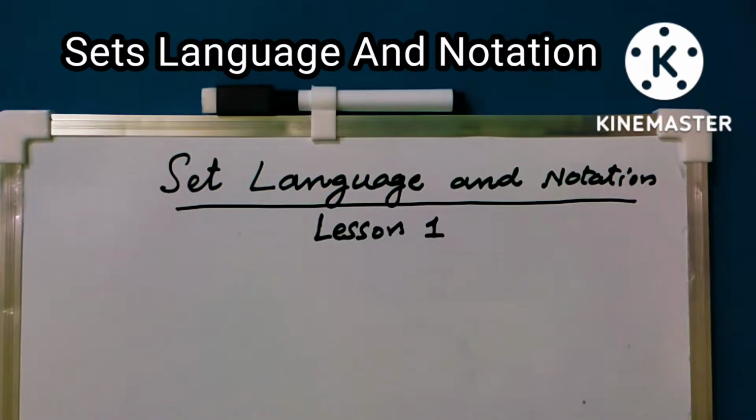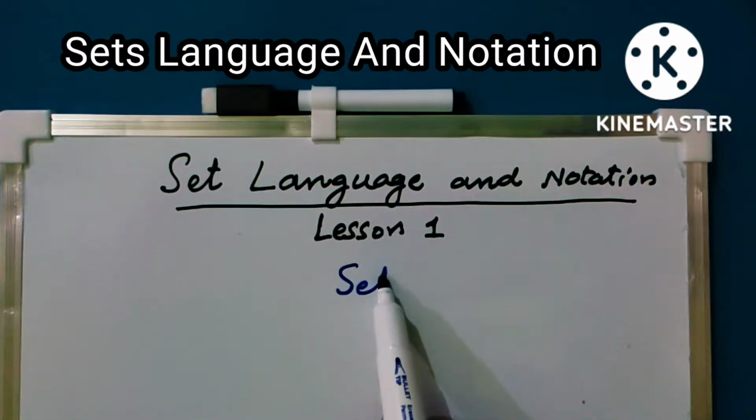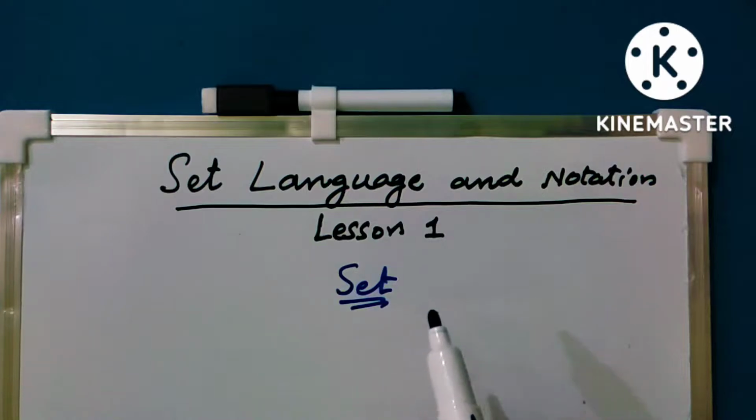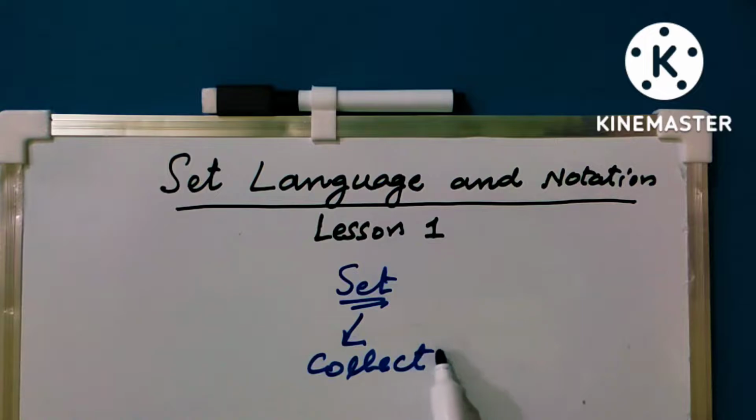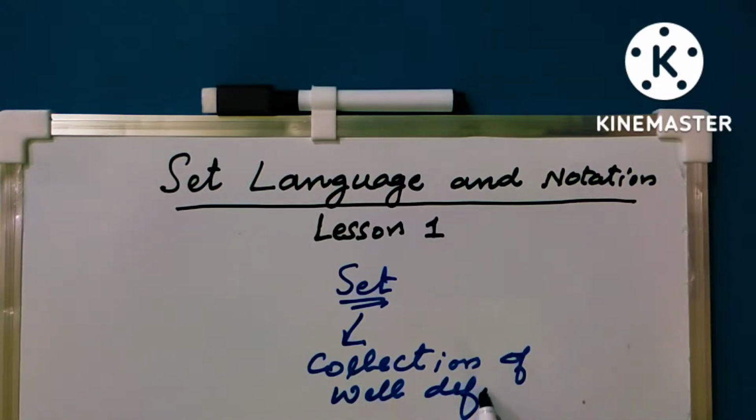So let us talk about set first of all. According to the definition of set, it is a collection of well-defined objects.